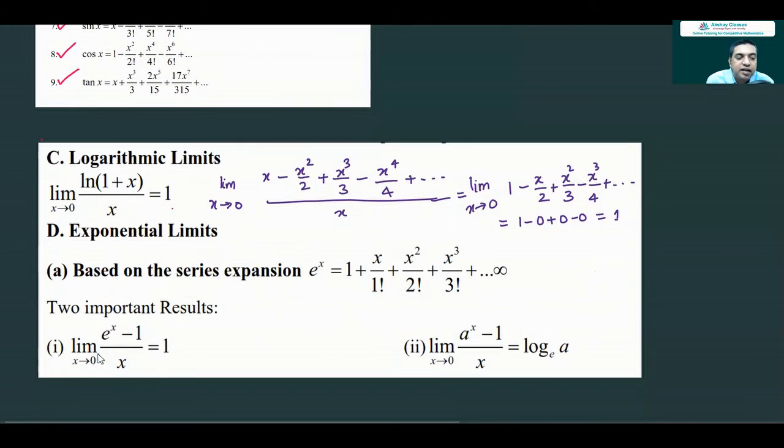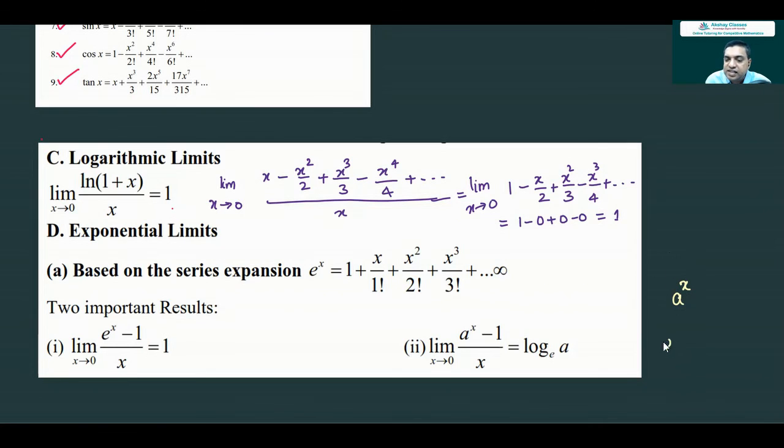Similarly, limit e power x minus 1 upon x is equal to 1, and limit a power x minus 1 by x is equal to log a to the base e, because a power x, we can use a conversion to e. All right, we can convert that to e.